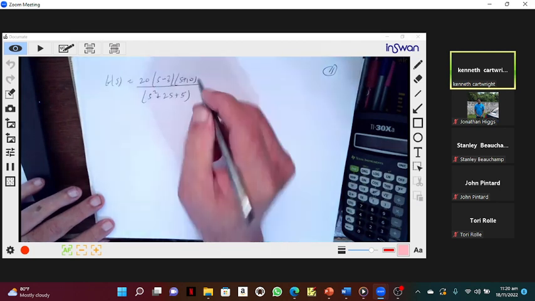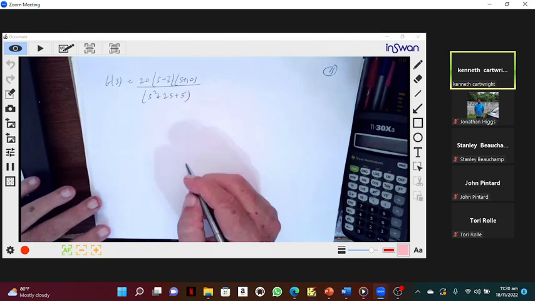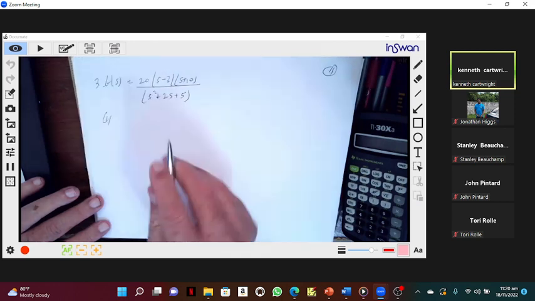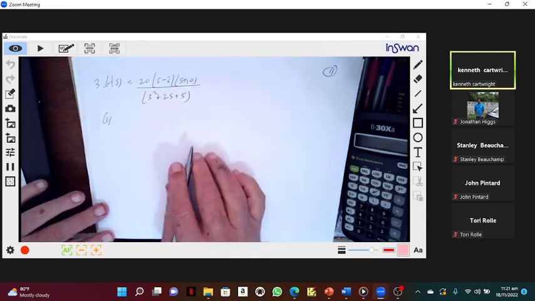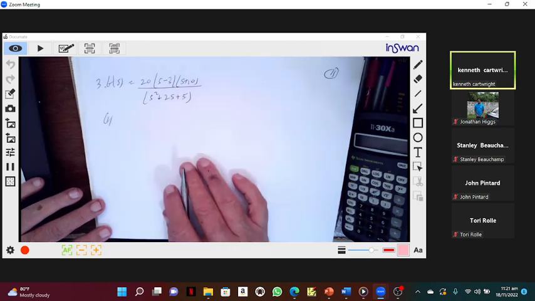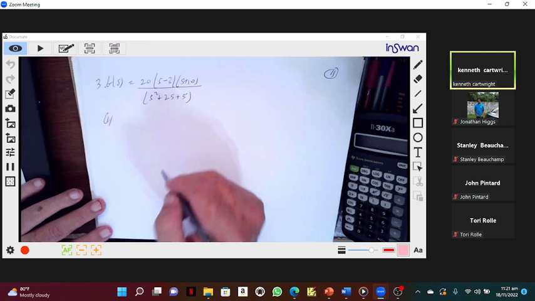Okay. Determine all poles and zeros. That's what question 3-1 says. If you have a transfer function, then the zeros are where the numerator of the transfer function goes to 0.